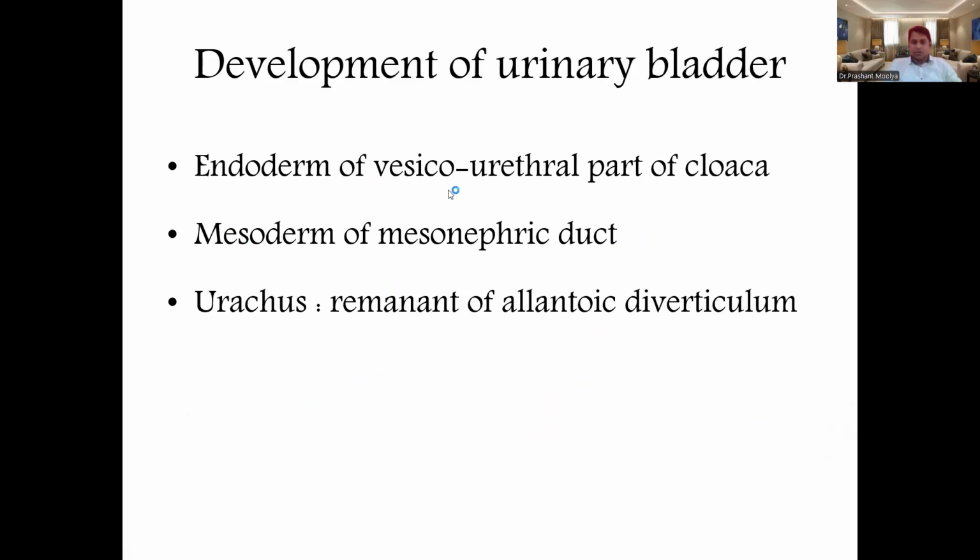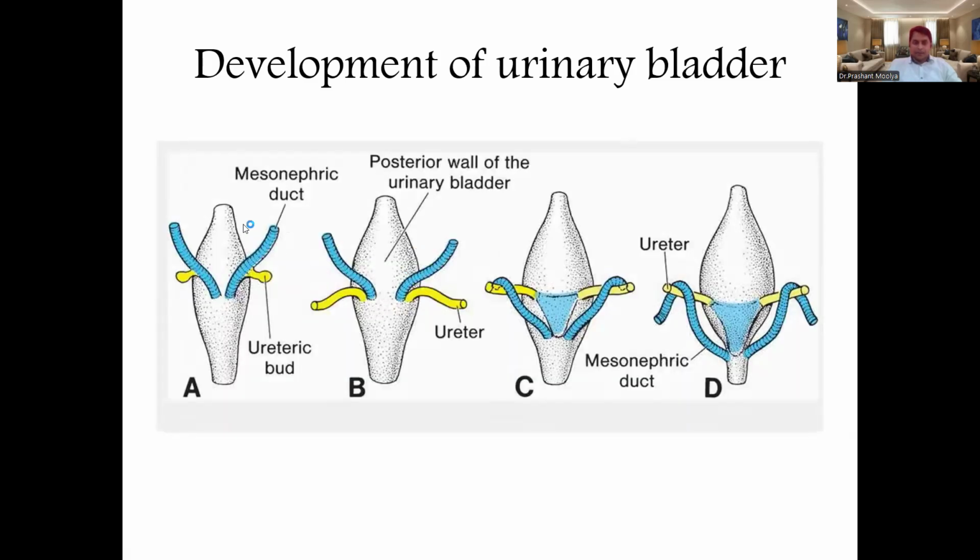Let me tell you more about how this absorption happens. If you see this photograph, this is the posterior view of, say, the vesicourethral canal, what I said before. On the posterior side, there happens the opening of the mesonephric duct inside this, and there is a ureteric bud which is coming out.